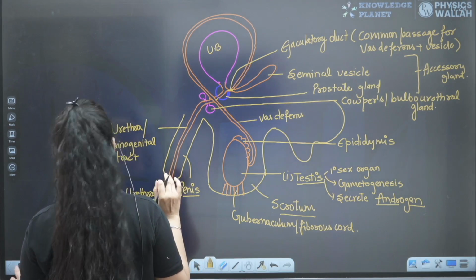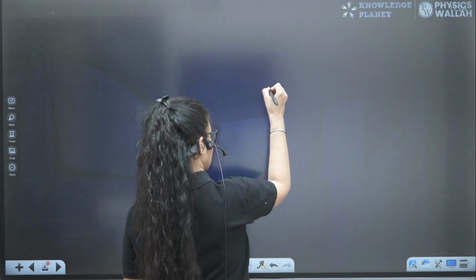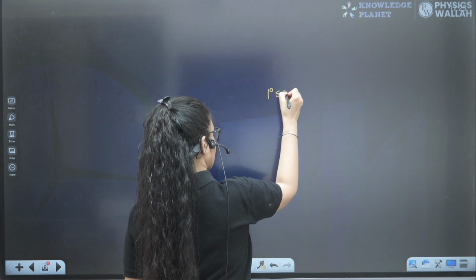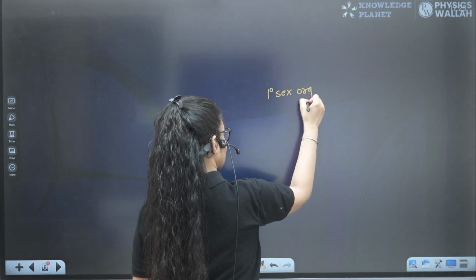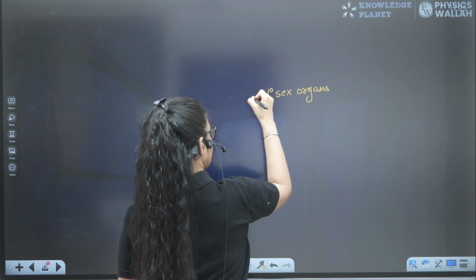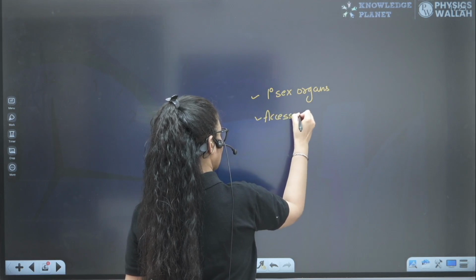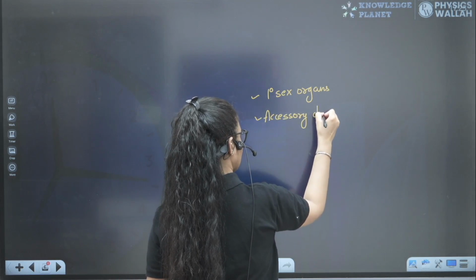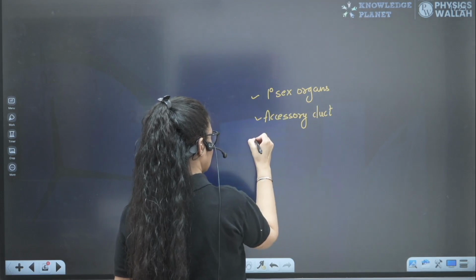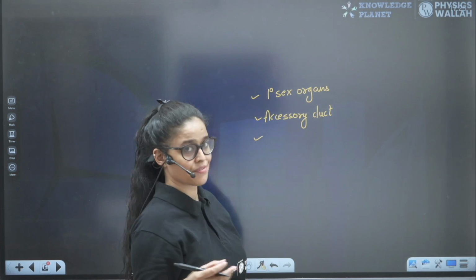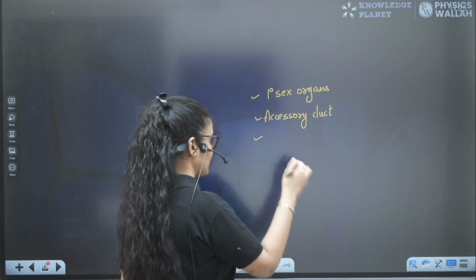So one thing is clear to us: what all things are involved in the male reproductive system? Primary sex organs, that means testes. It also has accessory ducts that will basically take the semen out. That is the epididymis, vas deferens, urethra, all these are accessory ducts, right?